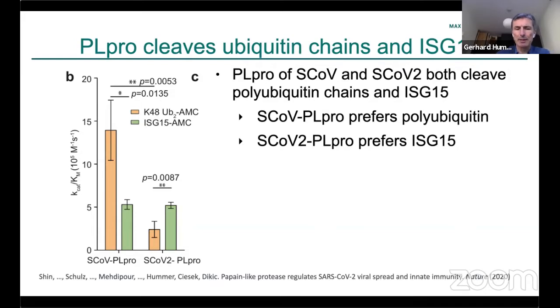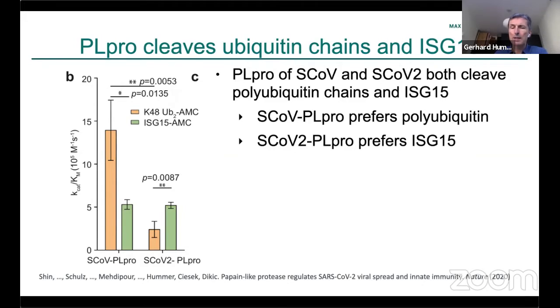They found that this papain-like protease, which was actually known from earlier work, was cleaving polyubiquitin chains, but also it was cleaving another ubiquitin-like protein, ISG15.